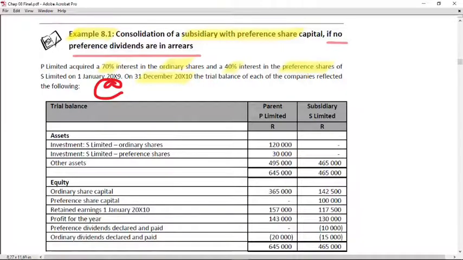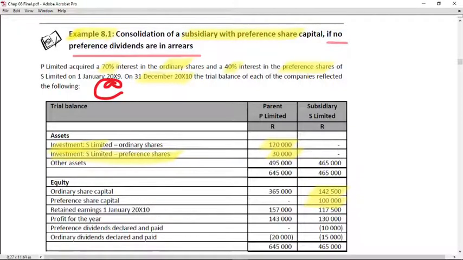Now you can see in the trial balance the investment in the separate financial statements of the parent in S Limited also now includes the investment in the preference shares: 120,000 Rand investment in ordinary shares and 30,000 Rand investment in the preference shares. Now the equity of the subsidiary includes the ordinary share capital and 100,000 Rand preference share capital.